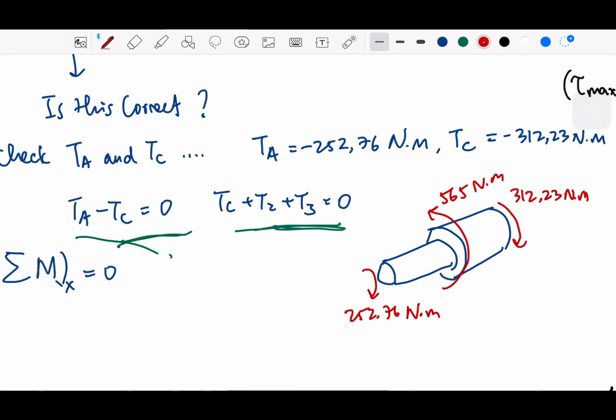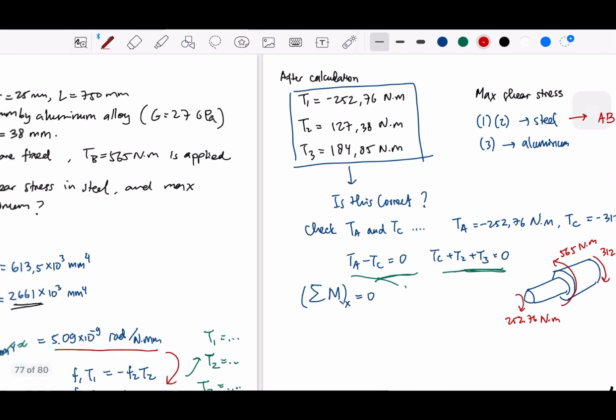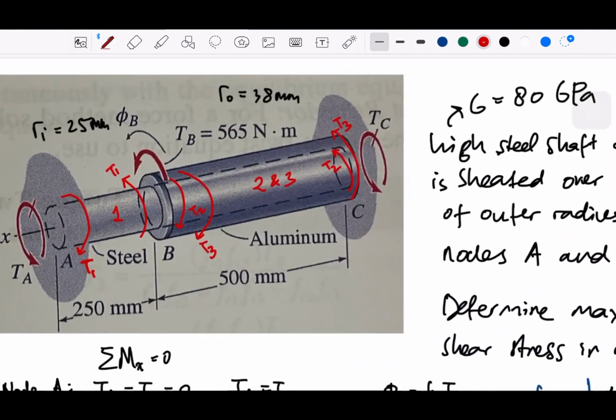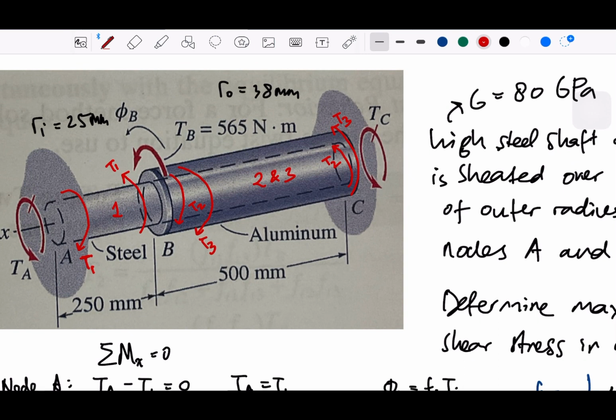So at the beginning, remember, I followed this book that says the torque TB here, TA here, TC here, right? TA and TC turn out to be negative, so they are going to be in the opposite direction.